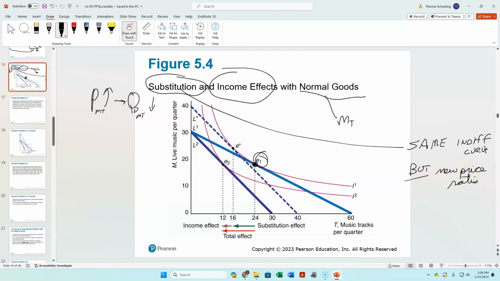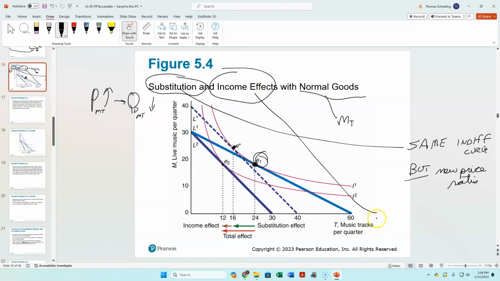Because again, what I'm doing is I'm buying more of the good because it's cheaper, relatively speaking. Or in this case, it's more expensive, relatively speaking, which would mean you'd be buying less. So I draw this dashed line, which is exactly parallel to the new budget constraint. That would mean it has the new price ratio. And I'm going to draw it until it just touches the original indifference curve. Hence this point right here. And so the movement from E1 to E star is my substitution effect.